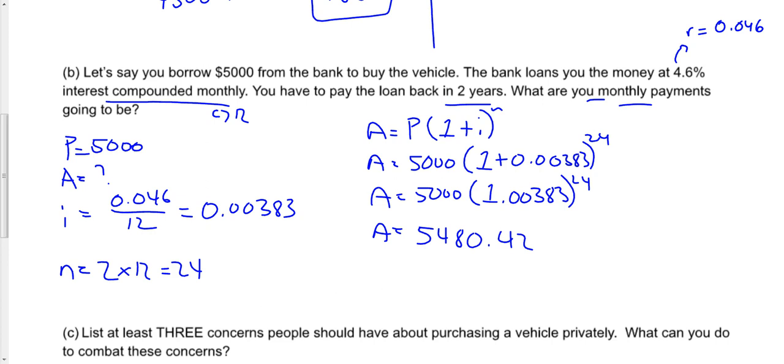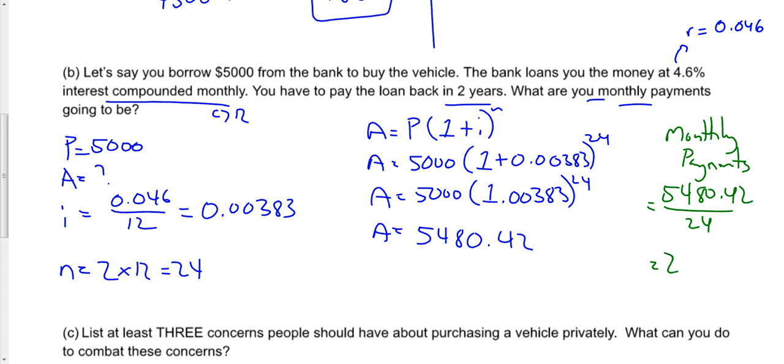So my monthly payments are going to be $5,480.42 divided by 24, and that's going to be $228.35.